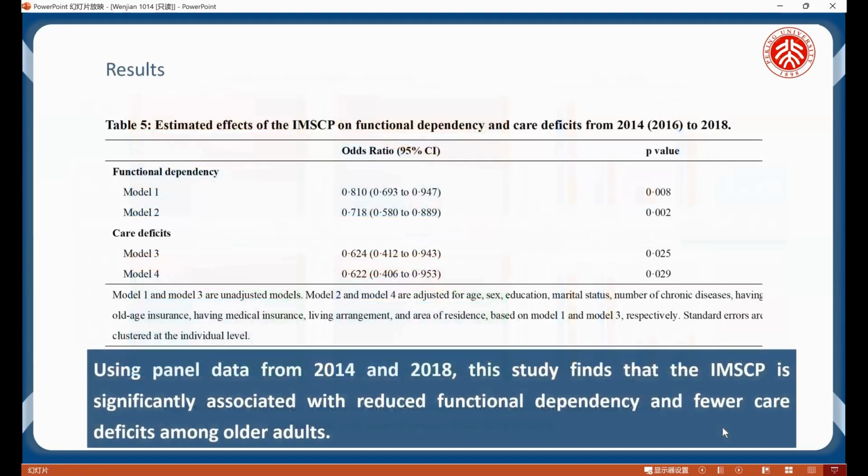Here are the main results of this study. Using panel data from 2014 and 2018, the study finds that the IMCP is significantly associated with reduced functional dependency and fewer care deficits among older adults.